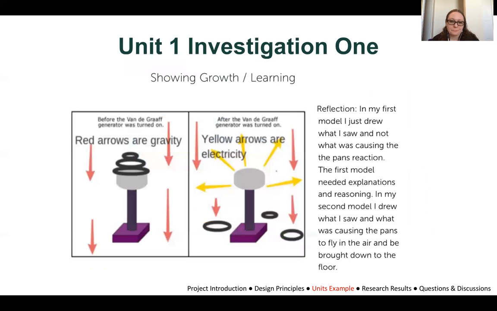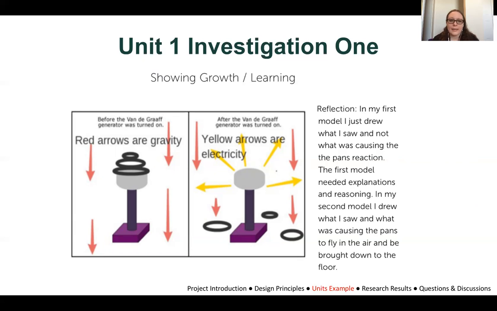So when they're asked to come back to this, they're able to add more detail. In this next model, they think about how there's some kind of electricity or humming that I hear, and I know that gravity is pulling on the pie pan, so they're able to add in those force arrows.